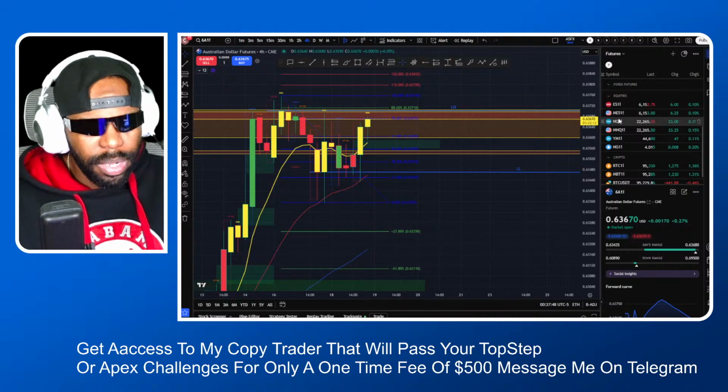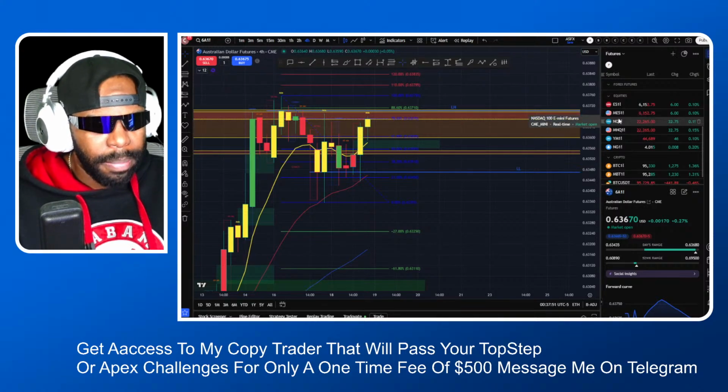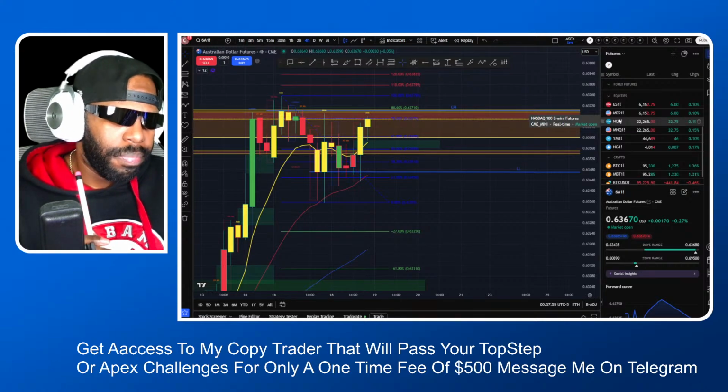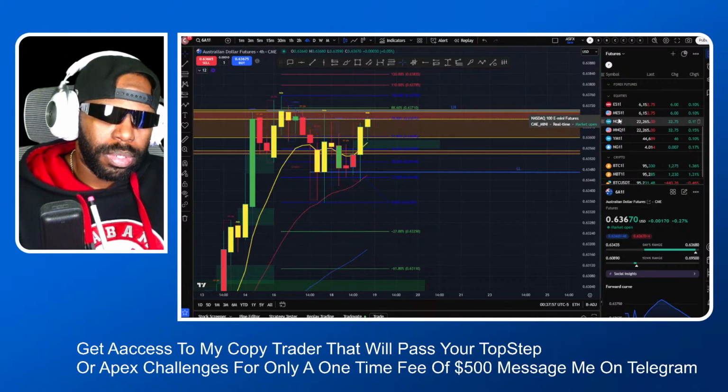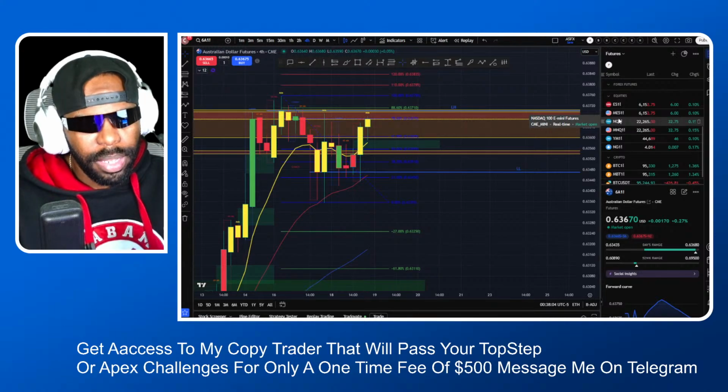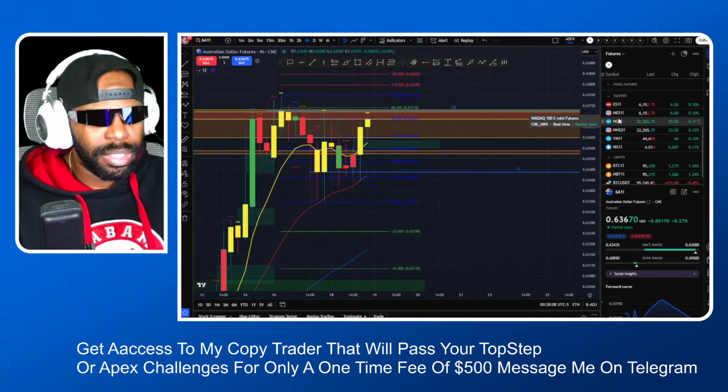If the equities are going up, that means the Canadian dollar, the Australian dollar, and the New Zealand dollar are going up. The equities, the New Zealand dollar, the Canadian dollar, and the Australian dollar like to go with each other.